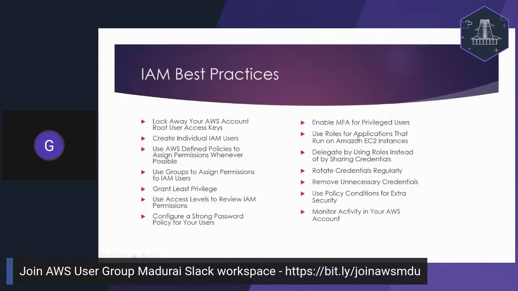Like we have seen, rather than keying in credentials within the application, use roles wherever possible, for access to services like EC2. Then delegate by using roles. Again the same: instead of providing credentials, you can use roles. Rotate the credentials and remove unnecessary ones. Using the credential report, you can perform all this, and use policy conditions for extra security.